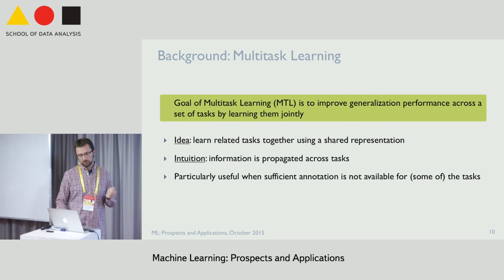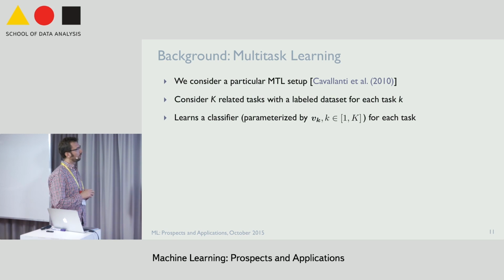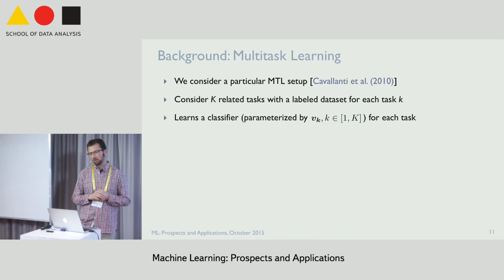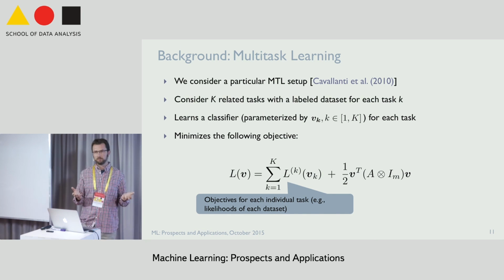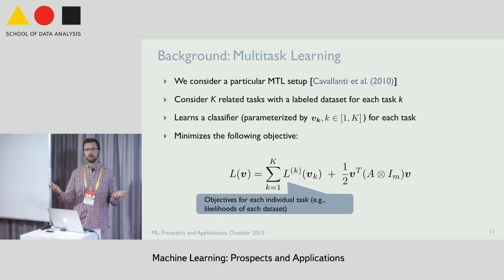So a very particular setup that we're looking at is the MTL setup proposed a few years ago by Klementiev et al. The idea there is that you have k related tasks, and for each one you try to learn a classifier parameterized by v sub k, and you try to minimize this objective here. If you forget the second part of the sum, you simply have a sum of objectives of the k subtasks.